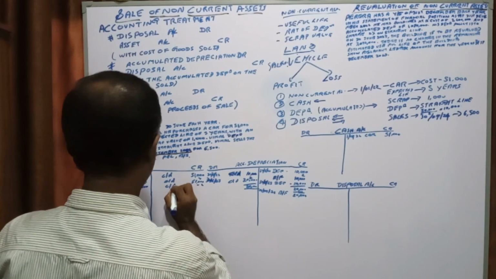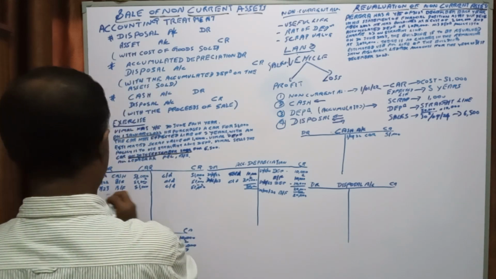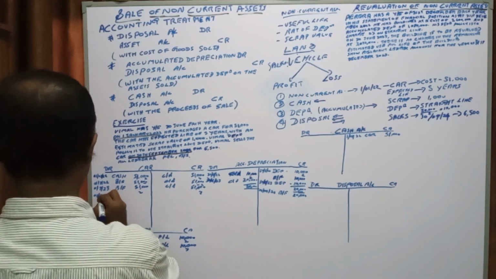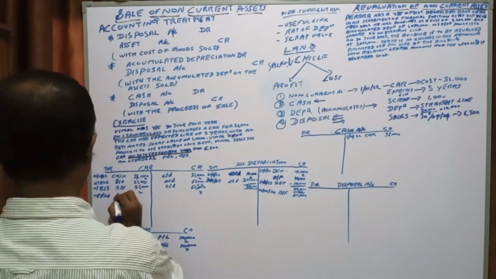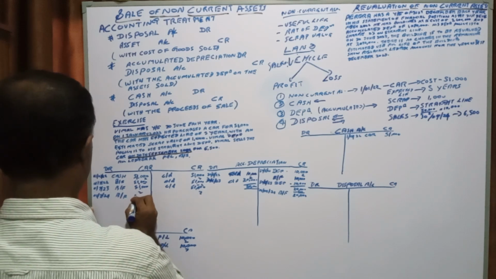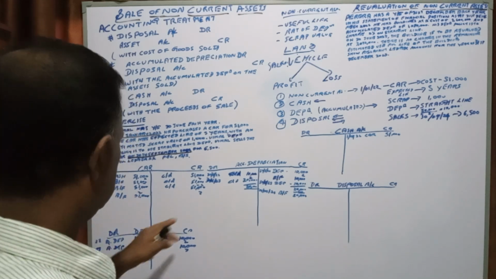Carried down value 51,000, and on 1st July 2024 brought forward is 51,000.